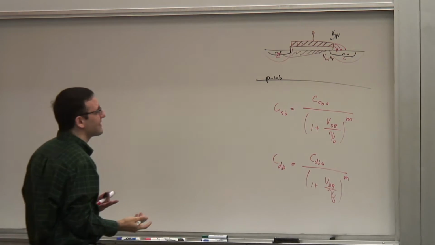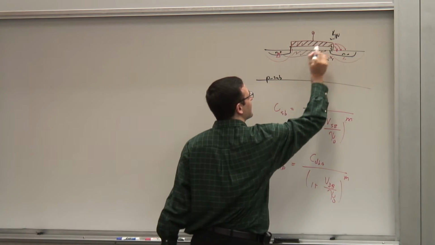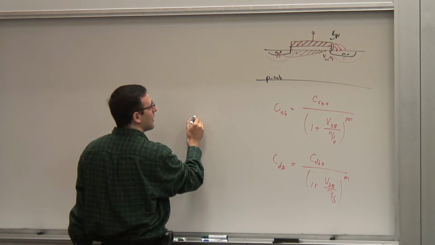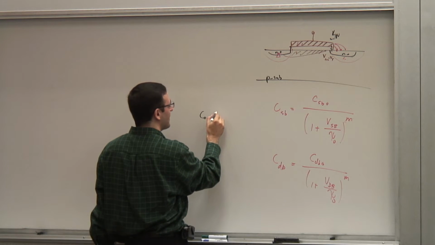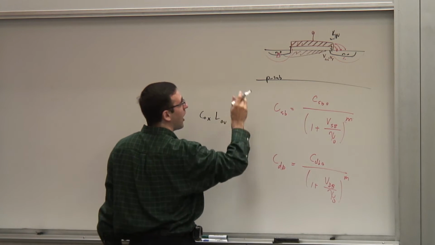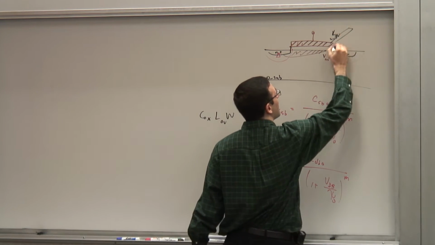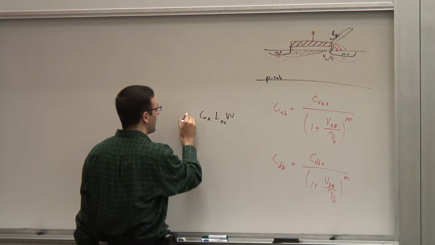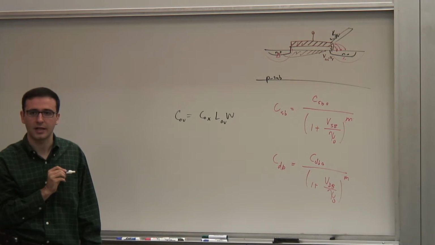So the total capacitance can be really captured, to the first order. Let's say if I wanted to calculate this capacitance, right? It would be what? It would be Cox times L overlap times the width, which gives me the total area of the slice that gives me the capacitance, right? So that would be the C overlap. But that doesn't take a fringe into account.